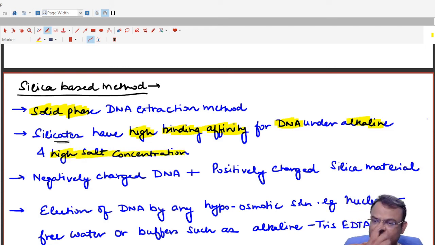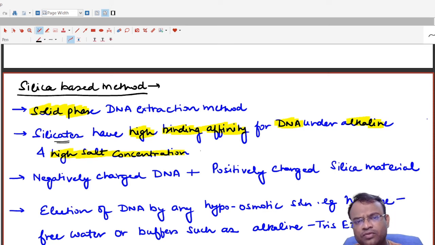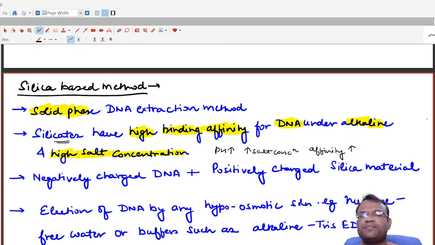That means whenever you have alkaline conditions, meaning the pH is high, plus there are high salt concentrations, then the affinity of the silicates for the DNA increases. You can make use of this property, because the silicates at this particular condition show positive charge. Once the pH and salt concentration are increased, the positive charges emerge out of the silicates.